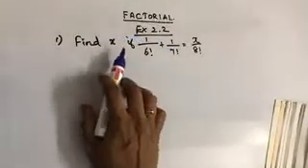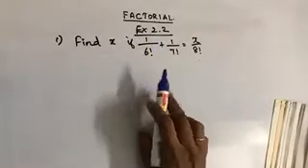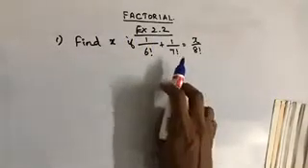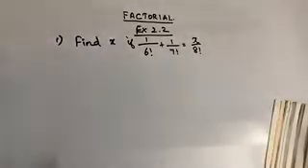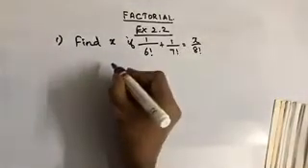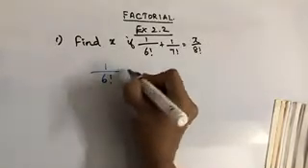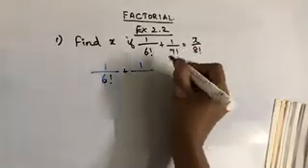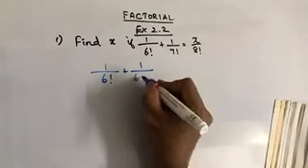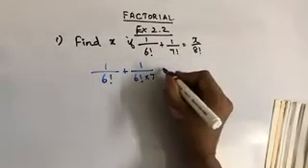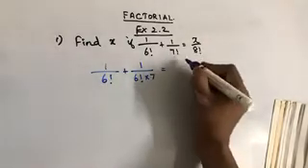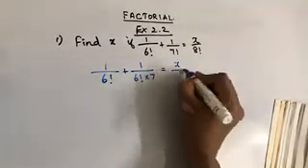Find x if 1 divided by 6 factorial plus 1 divided by 7 factorial is equal to x divided by 8 factorial. We have to find the value of x. Okay, so 1 by 6 factorial plus 1 by, I rewrite 7 factorial as 7 into 6 factorial, that is equal to x by 8 factorial.